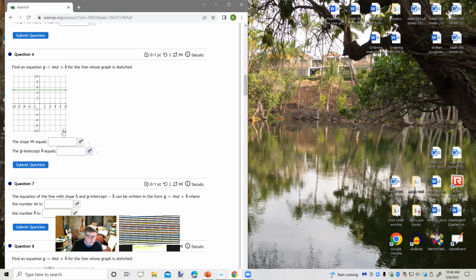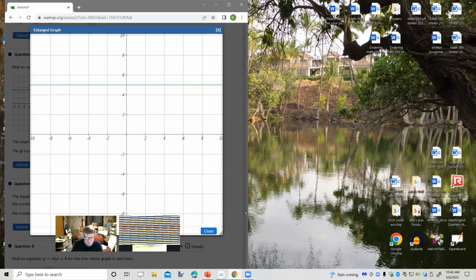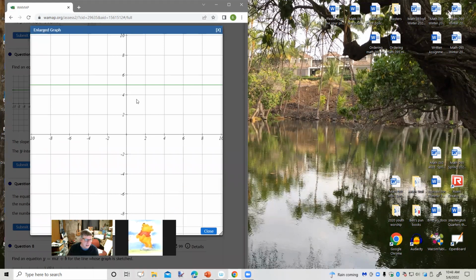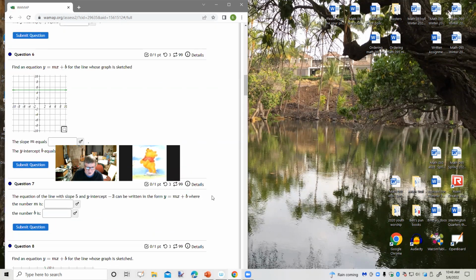Notice right here, there's a, what do you call it, magnifying glass. If you click on it, look what happened. It increased the size of the graph. And when I did that on the line that was actually on 4, I could see it over the top of what was there.